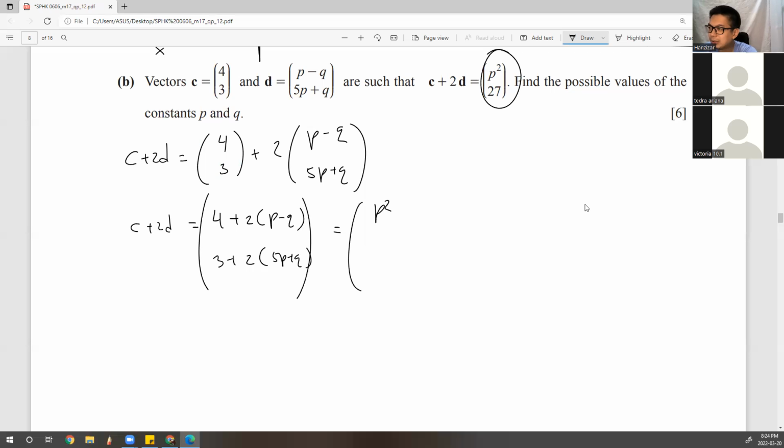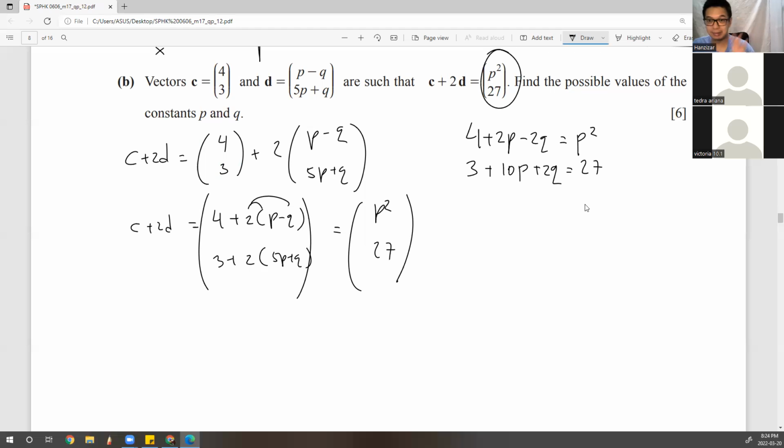p squared and 27. So we can expand and simplify. 4 plus 2p minus 2q equals p squared. And then 3 plus 10p plus 2q equals 27.